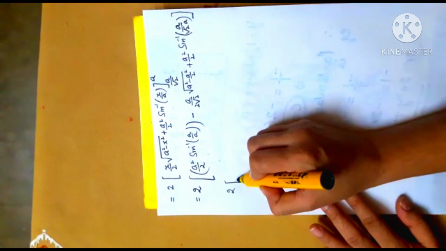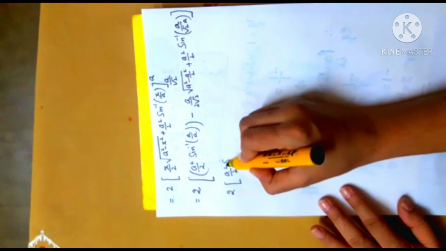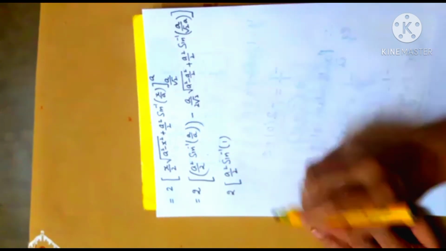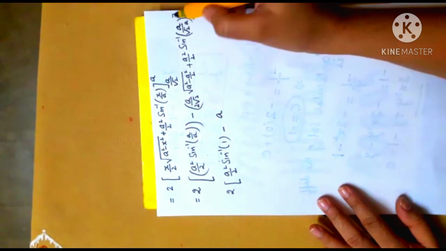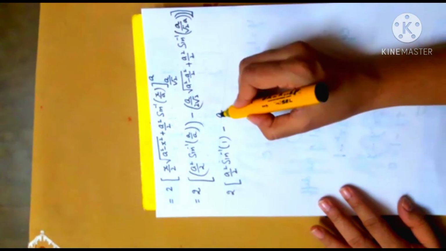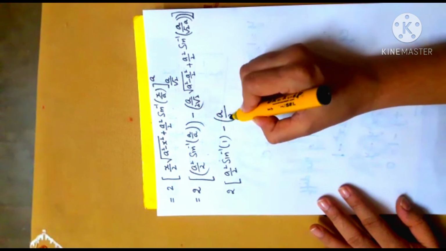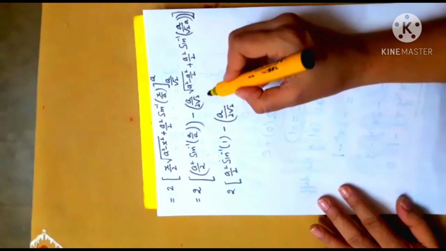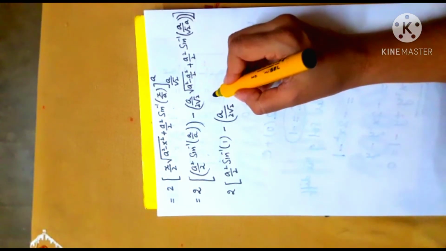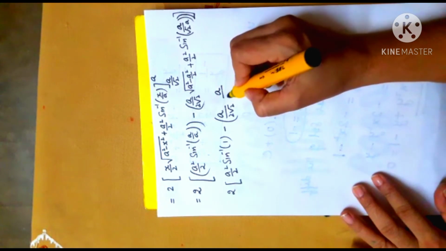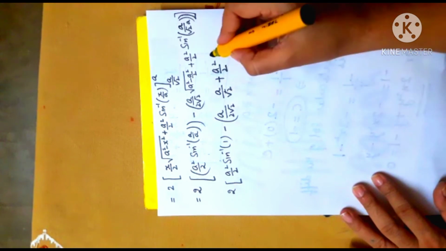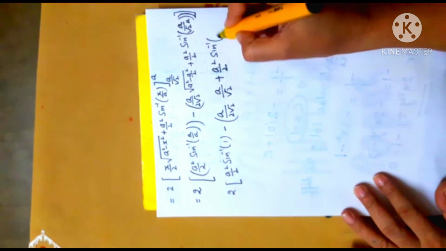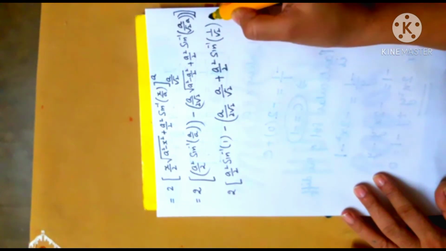So here I'll get a square over 2 sine inverse 1 minus, this is the value at the lower limit, a over 2 root 2, and this will give you a over root 2, plus a square by 2, and here I'll get sine inverse 1 over root 2.